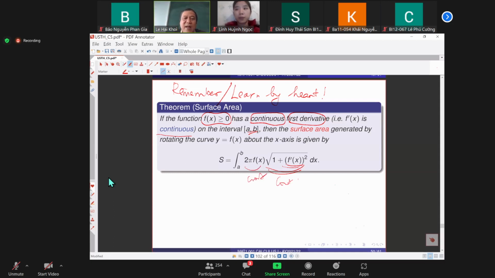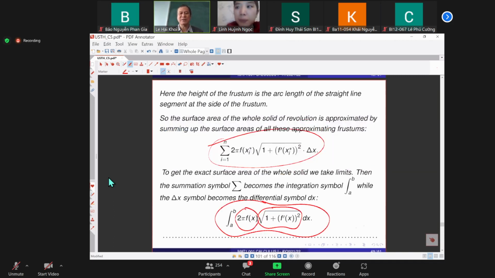In this case, if we rotate the curve about the x-axis, then the surface area is computed by this formula. Okay? Integral from a to b, 2 pi f(x) multiplied by the square root of 1 plus f prime squared dx. This is the surface area, as we explain here in italic. You can read it by yourself.